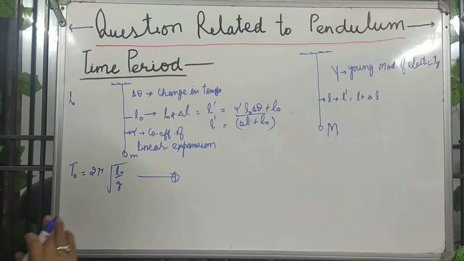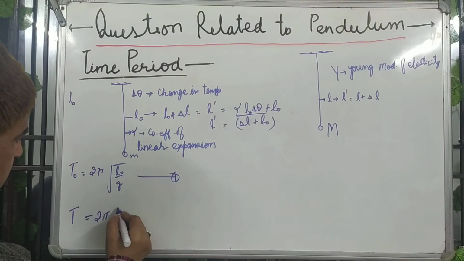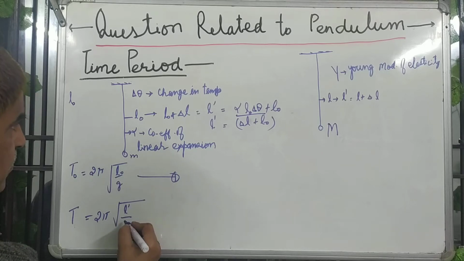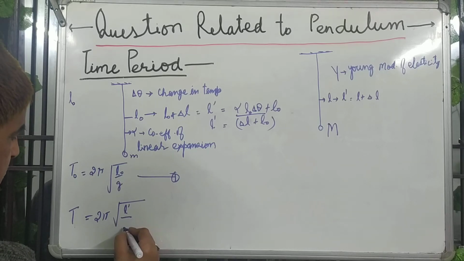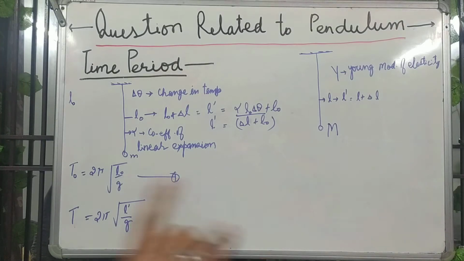So in this time period, T equals 2 pi root L dash upon G. In G there is no change, only length is changing.